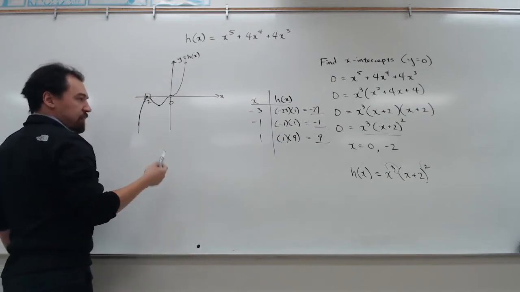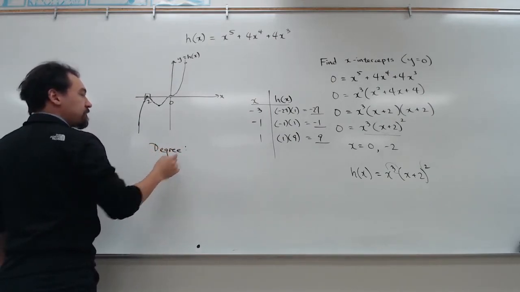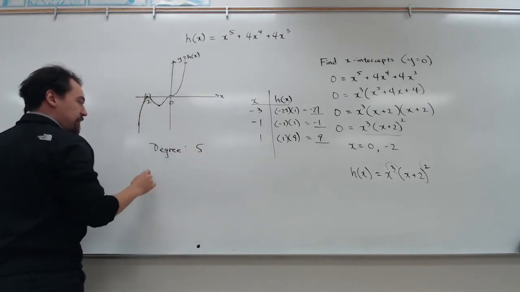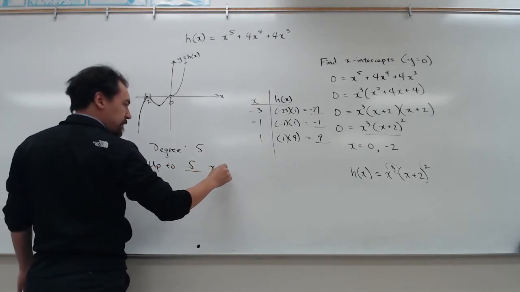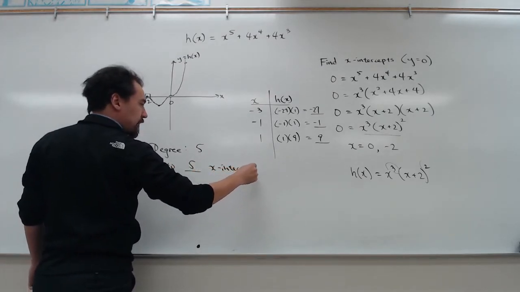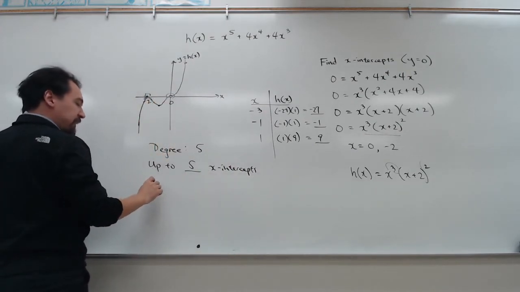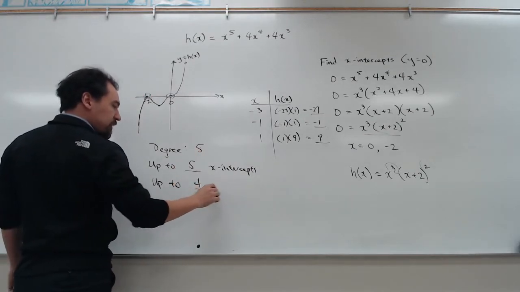So then, I guess we'll also talk about this degree and what that means for the rest of the things. The degree of this polynomial is 5. And that means I can have up to 5 x-intercepts. And in this case, I have 2, but 2 is up to 5. And then finally, I can say up to 5 minus 1 is going to be 4 turning points.